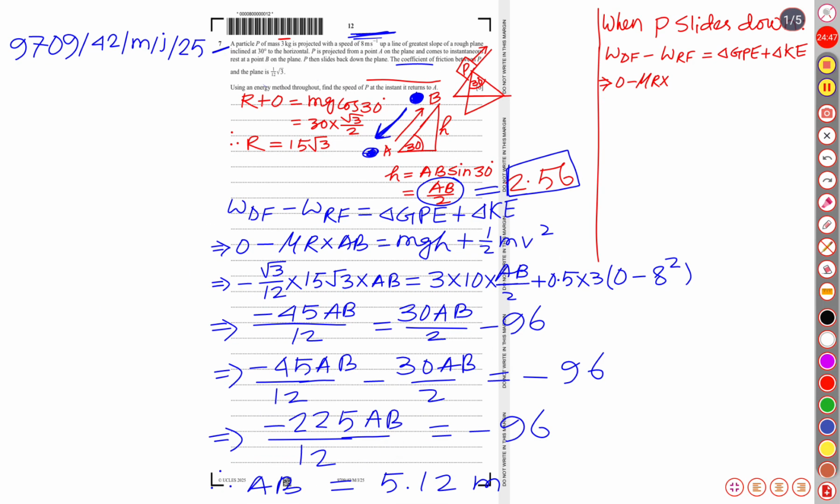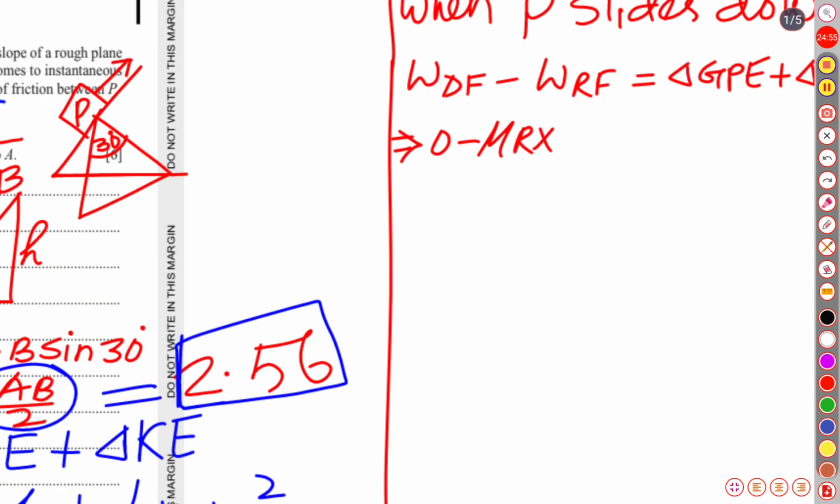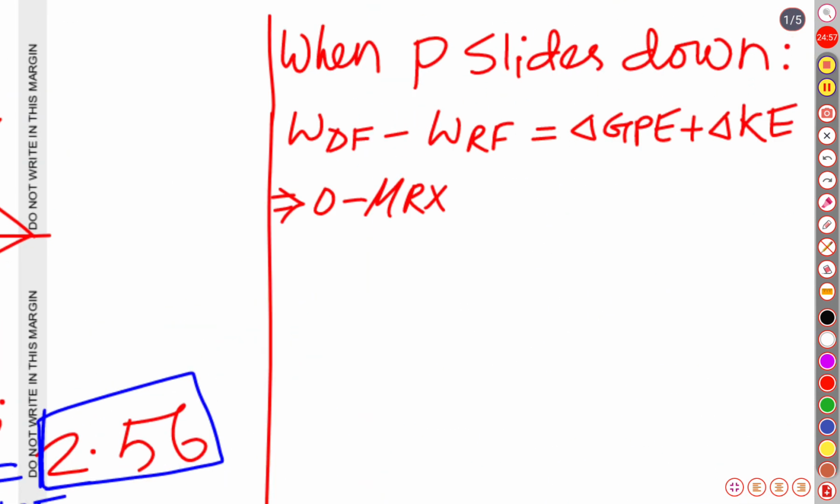We have already found that the value of AB, that means the displacement, was 5.12. So we can substitute this value, 5.12, is equal to the change in GP, which is mgh, plus half mv squared.